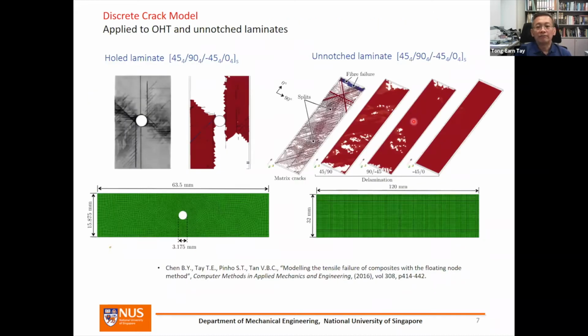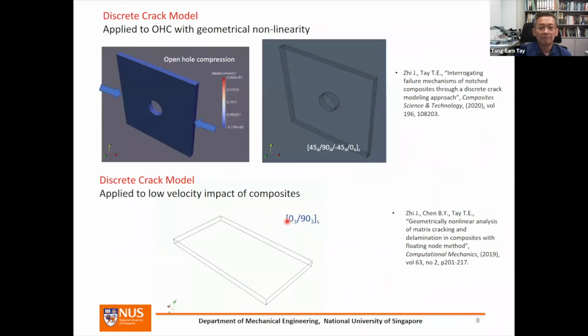And previously, we have shown that this method, discrete crack modeling, is able to model both the delamination in open hole laminate as well as unnotched laminates, as well as the matrix cracking in both cases.